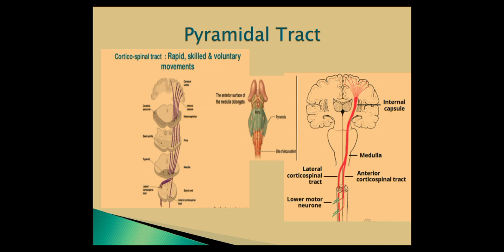So what is the exact reason for giving this tract the name pyramidal tract? It is due to the appearance it makes, like a pyramidal structure. During its descent, when it reaches the upper medulla level, the axon fibers converge and form a compact bundle directed downward as an inverted pyramidal structure.